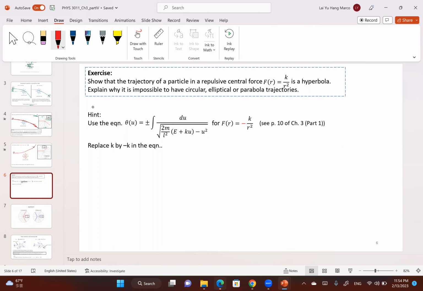In part one of the chapter, we know that for this attractive central force field, we use this integral to get to the result like this. And again, also write down the alpha and the epsilon.